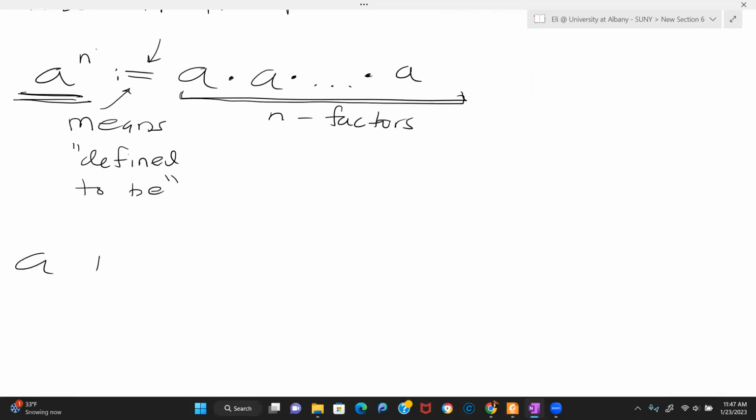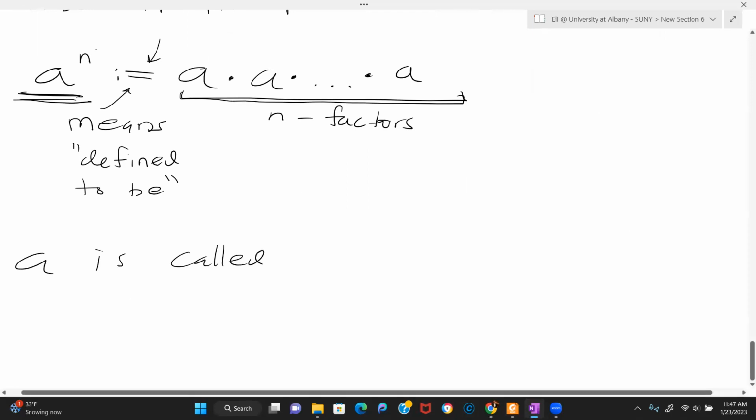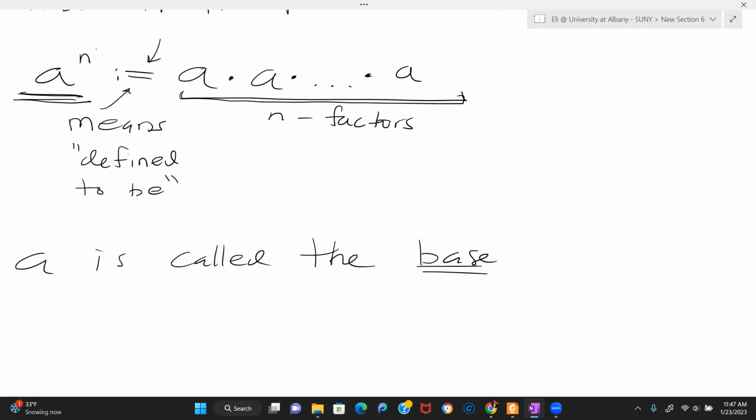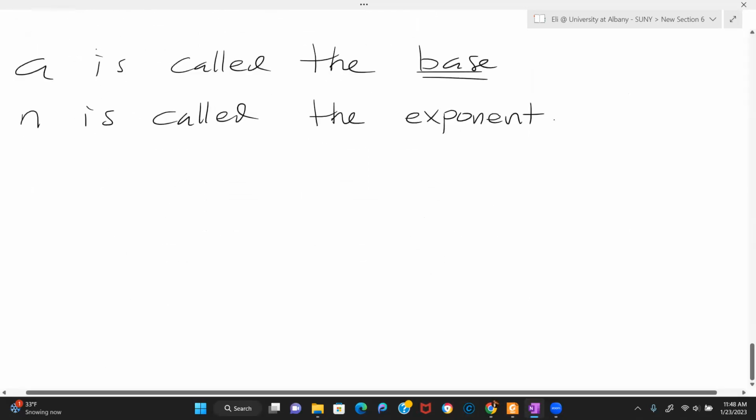A is called the base. And then n is called the exponent. And then there's just a really cheesy example in the book.